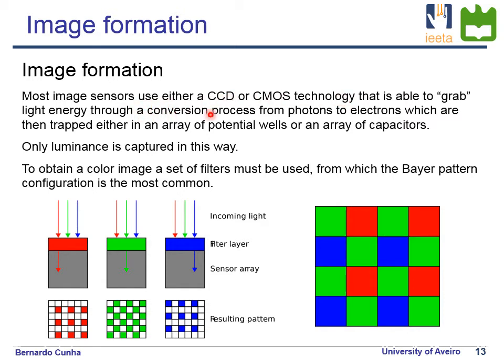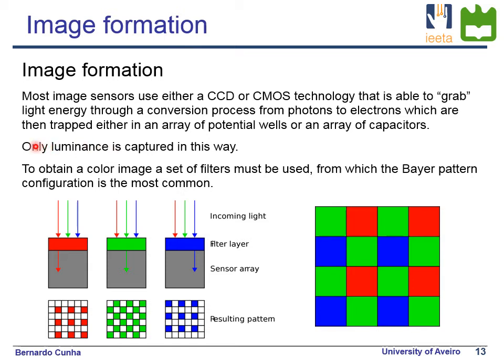And this is done through a conversion process from photons to electrons, which are then trapped either in an array of potential wells, this is the case of CCDs, or in an array of capacitors. Which means that the final image gathered in the sensor is actually an image that has only luminance information. And therefore, the question is, if our sensors can only acquire luminance information, how can we get color out of that information?